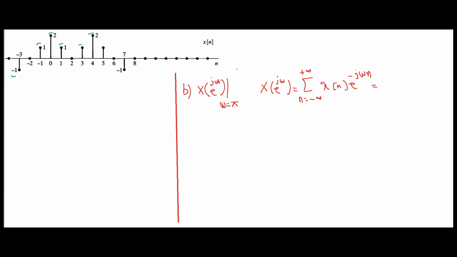and then we substitute omega equal to pi. This gives us the summation of x[n] multiplied by e to the power of minus j pi n. To evaluate this expression, we use Euler's formula.